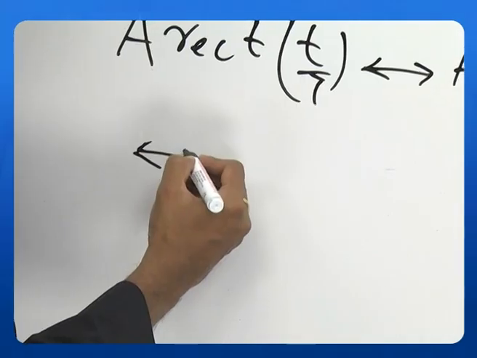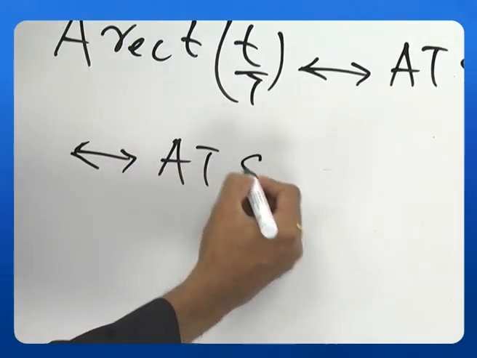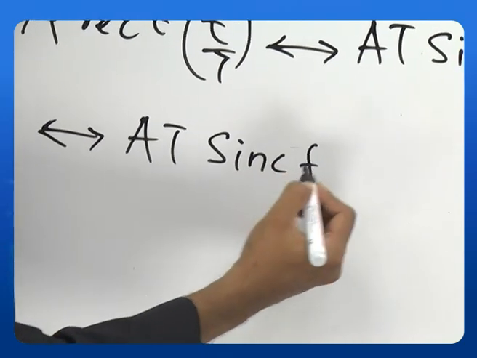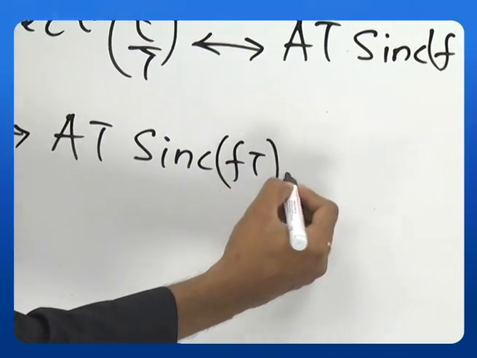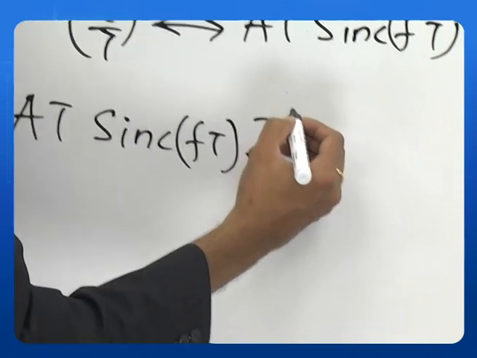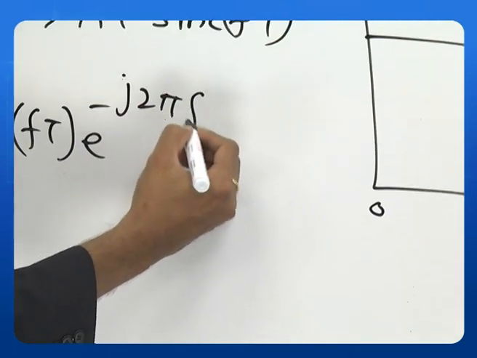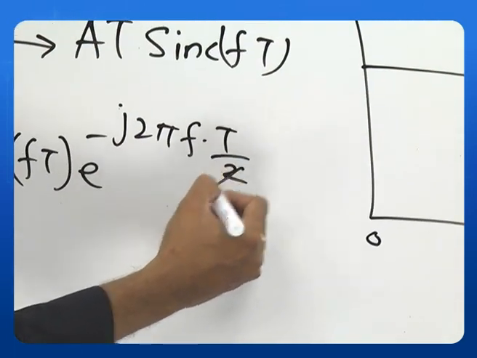So, what is the Fourier transform? Now, let us write it here. So, A T sinc(f T), e to the power of minus j 2 pi f into T by 2. So, this will get cancelled.